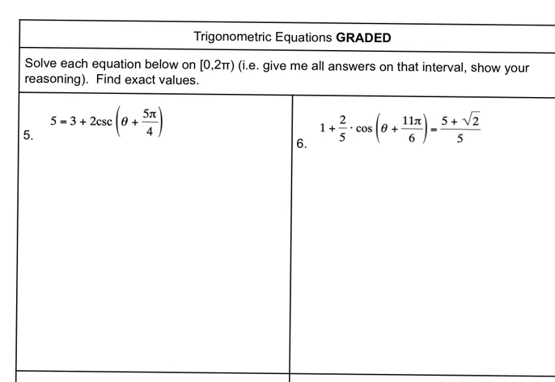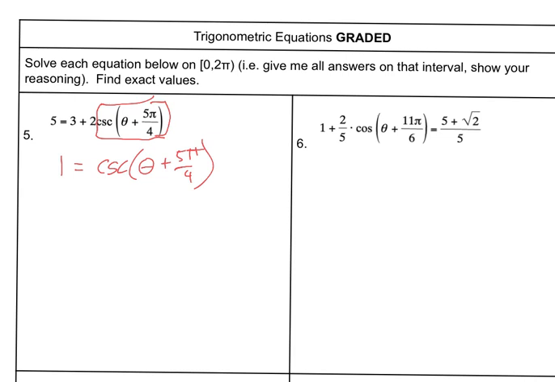Now on to trigonometry. In all these, we're doing exactly the same thing, which is we're going to get the trig part by itself, untrigify it, and then get our equation solved if we need to go further. So I'm going to minus 3 to both sides and then divide by 2. When I do that, I've got 1 is equal to cosecant of theta plus 5 pi over 4.